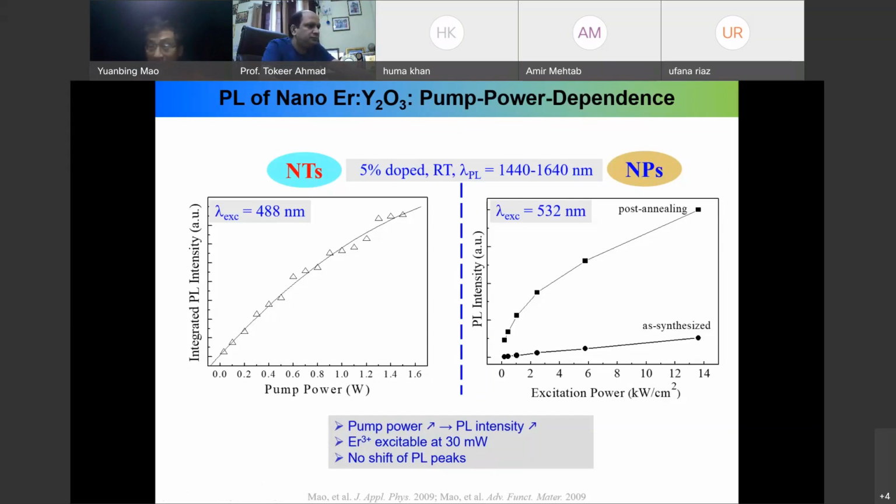In that way, the surface of these nanoparticles still has some physically absorbed water molecules, so by post-annealing, we can get rid of those surface water molecules. And that's why it gave this increase of the luminescence intensity.